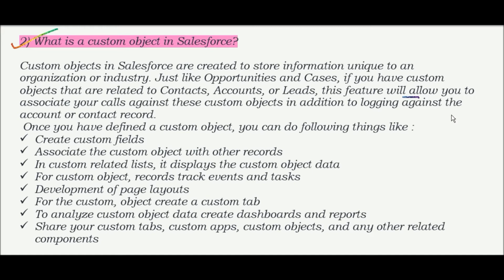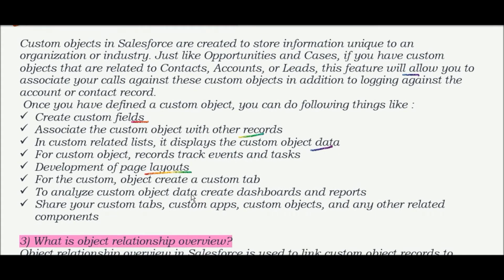Once you have defined a custom object, you can do the following things: create custom fields, associate the custom object with other records. In a custom related list, it displays the custom object data. For the custom object, you can also track events and tasks, and develop page layouts.